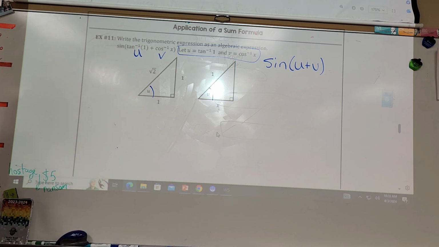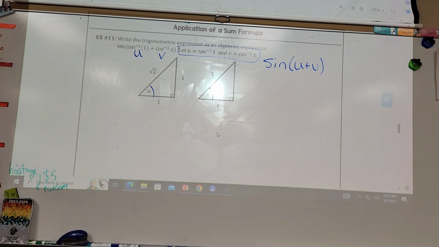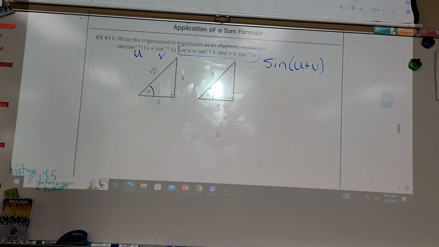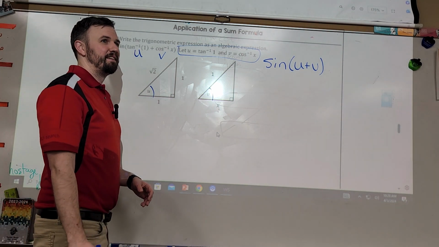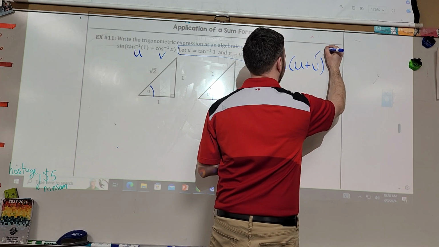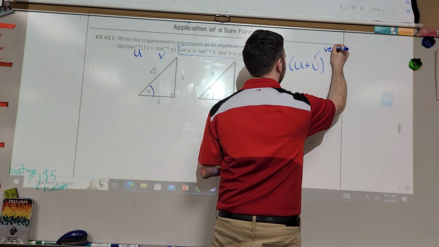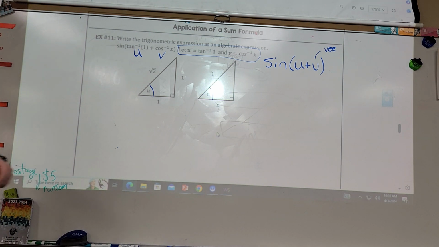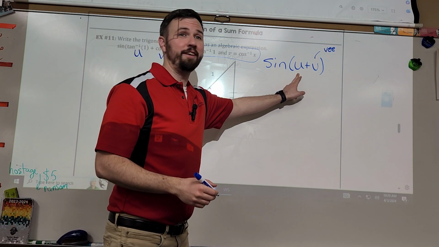U and v are just common terms for substitution. When you do calc, anytime you substitute, it's a u and a v. It's actually called u-substitution when you get to calculus. That's a v. U's have tails and v's don't.